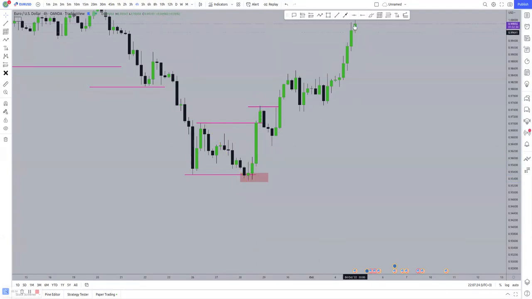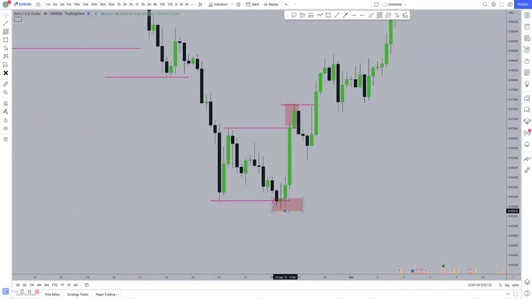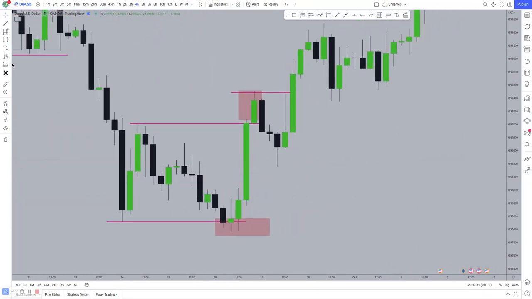And if you compare this move and this, can you spot the difference? So this is a grab of liquidity, but this is a breaking structure. Can you see the difference?